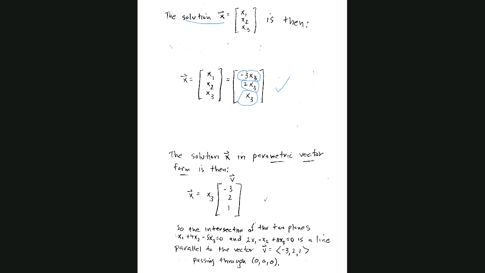Notice that the three entries in the vector x are all functions of the free variable, so I can factor out the free variable. I can write my solution vector x as x3 times the vector v, which is -3, 2, 1.